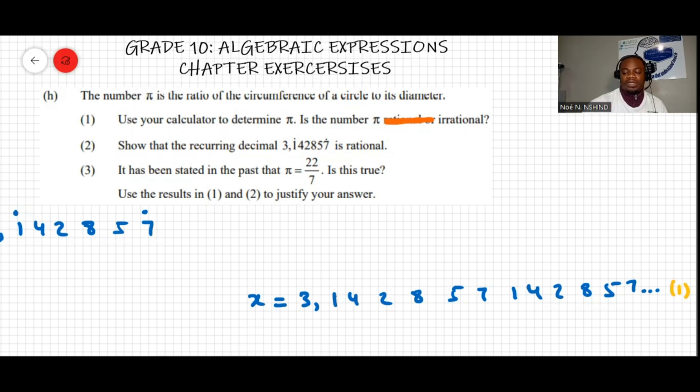If I multiply this equation by 1 million, because there are 6 digits after the decimal point, I need to multiply by 1 million.